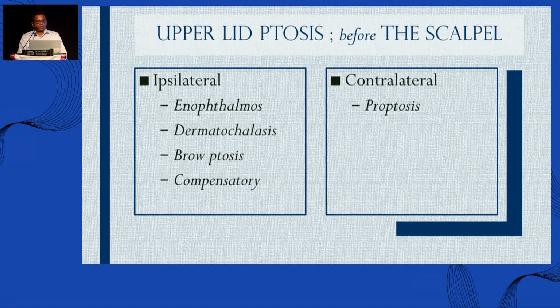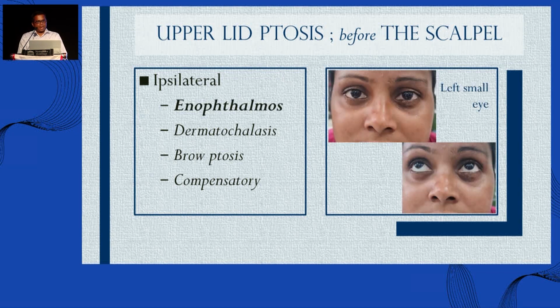The causes for pseudoptosis can be ipsilateral or contralateral. This lady has a left small eye, and if you see the picture below, the patient has enophthalmos, and actually this is a case of orbital floor fracture.